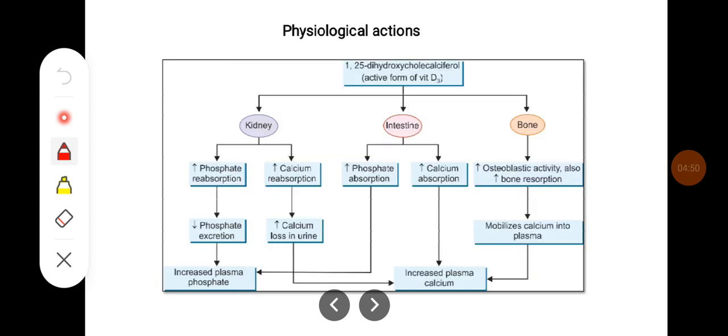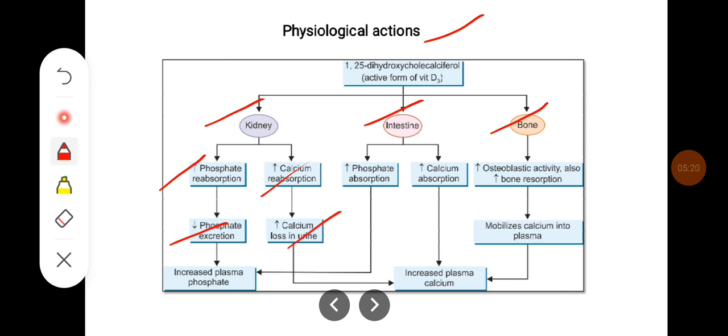So these are the physiological actions of vitamin D3. It is produced in the skin and it is going to act on kidney, intestine, and the bone. For the kidney, it increases the phosphate reabsorption and calcium reabsorption, and it is going to decrease the phosphate excretion and the loss of calcium in the urine.